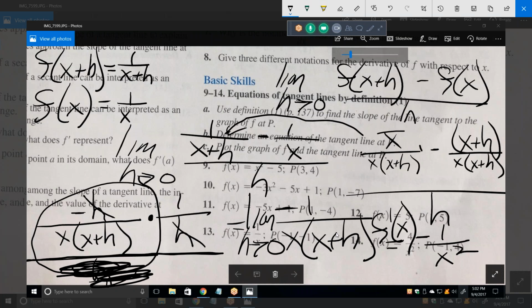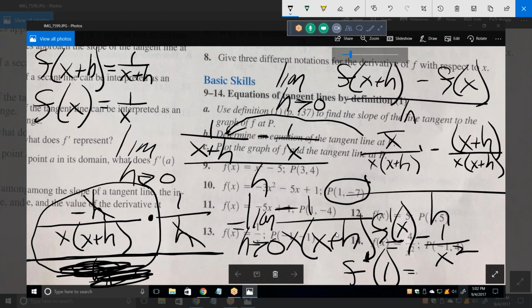First of all, we've got to figure out the slope. So tell me what the slope is at this point, 1 comma minus 7. We know what f prime of x is. What's f prime of 1?